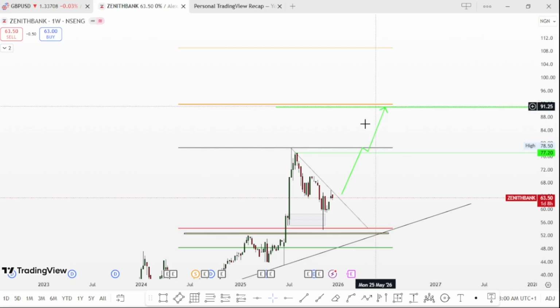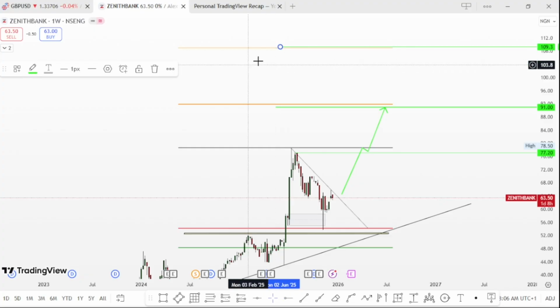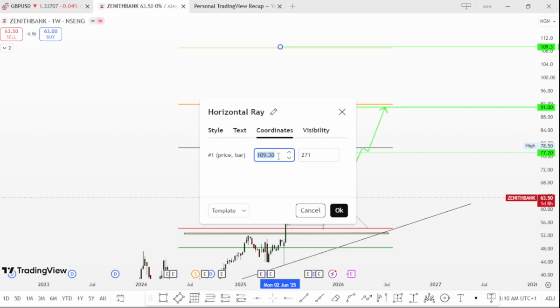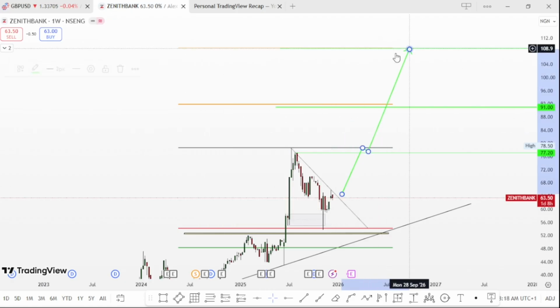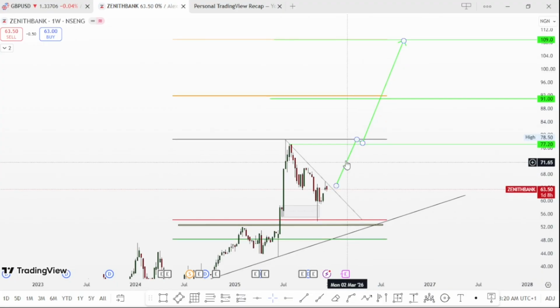Then if you take out this 91 region, we're going up as high as 109. Let me make it realistic. So if you take out this region, you're looking at 109. Simple.